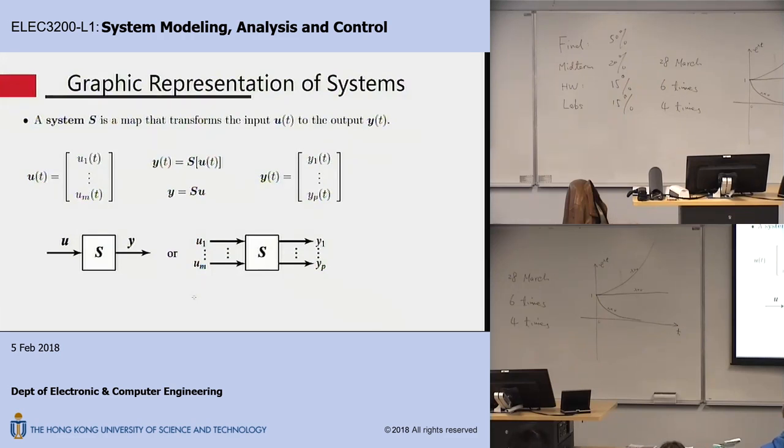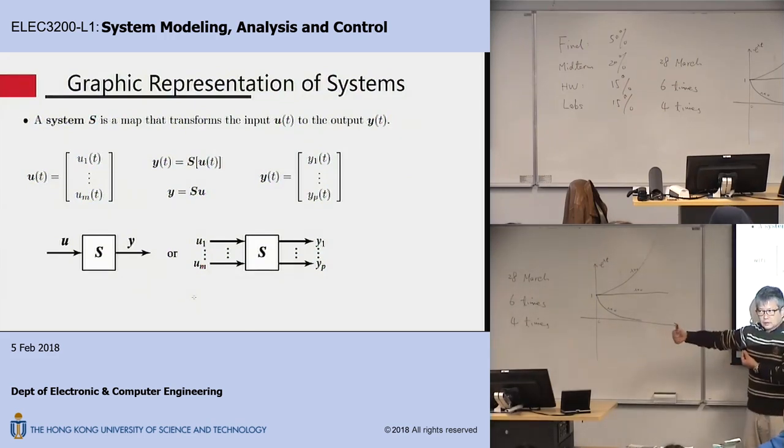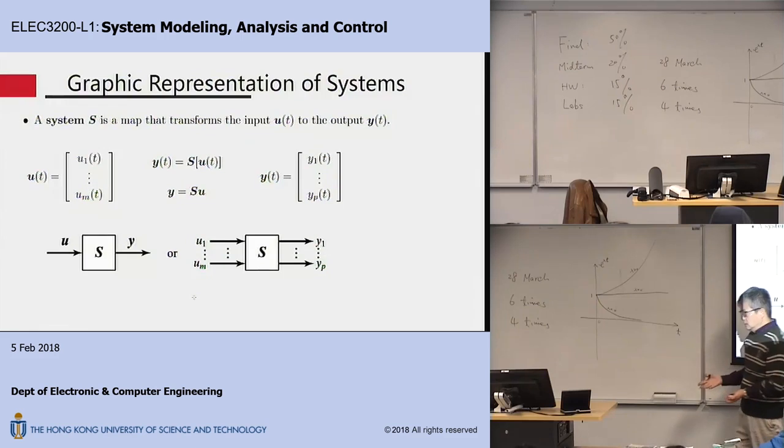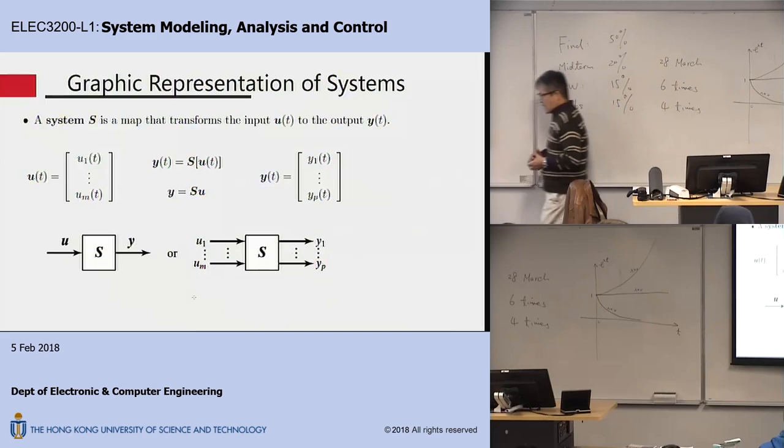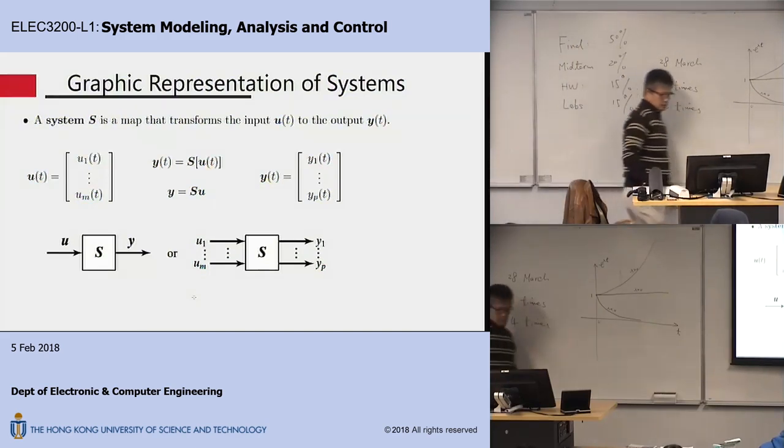That's something you have to keep in mind. A system is different from a function. A function is where you give a number, then the function generator gives another number out. So the system is actually more complicated. It takes a time function and gives out another time function.